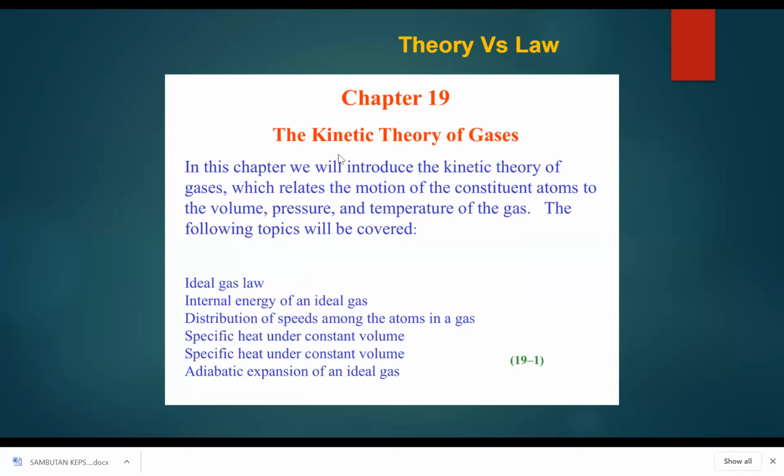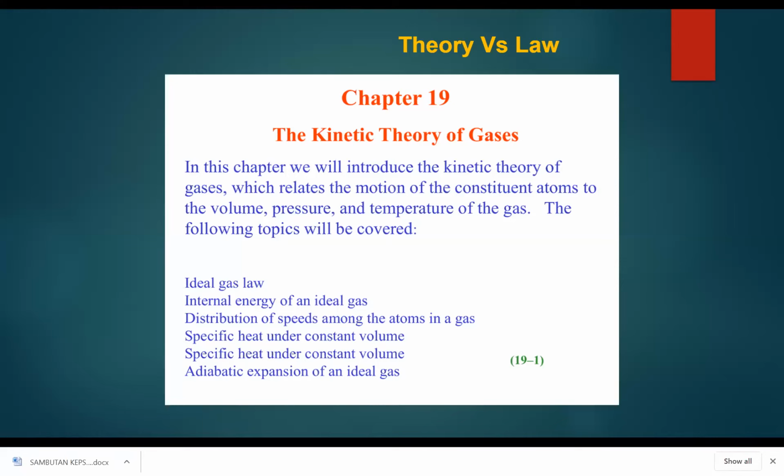In the kinetic theory of gas, we learn about the motion of the constituent atoms in relation to the volume, pressure, and temperature of the gas. So we learn how the particles of the gas move regarding volume, pressure, and temperature. The movement or behavior of the gas we call the kinetic theory of gas.